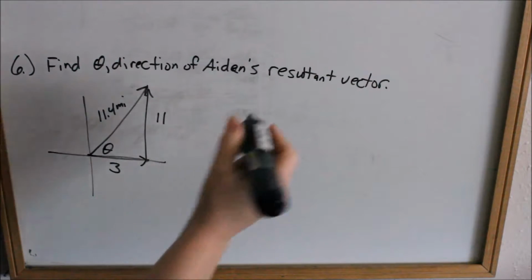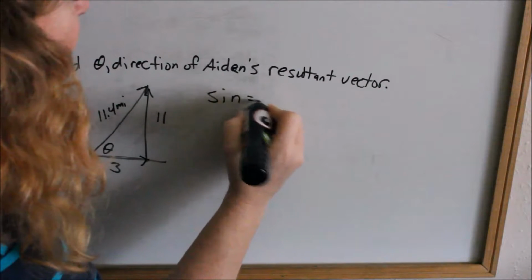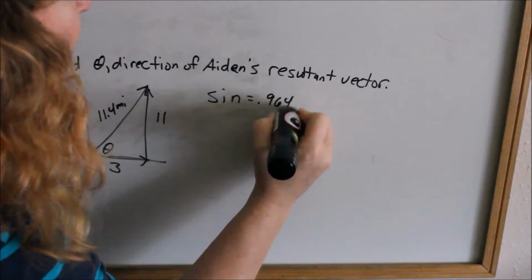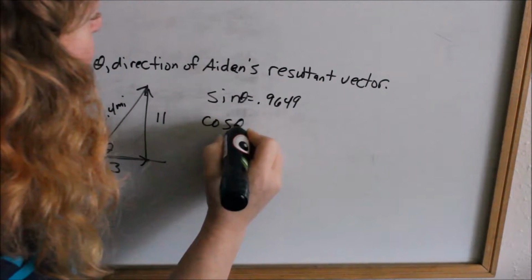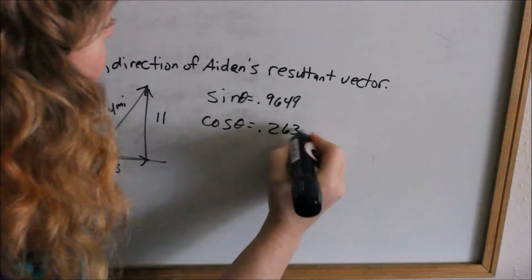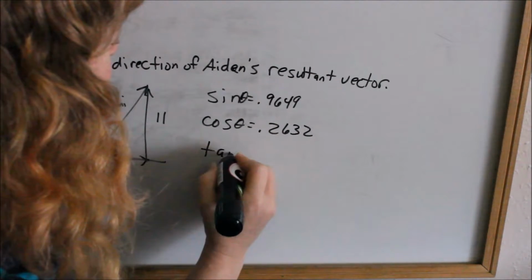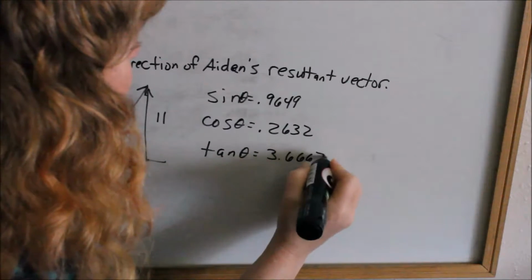So what we can do is, we said that sine of theta equals 0.9649, cosine theta equals 0.2632, and tangent theta equals 3.6667.